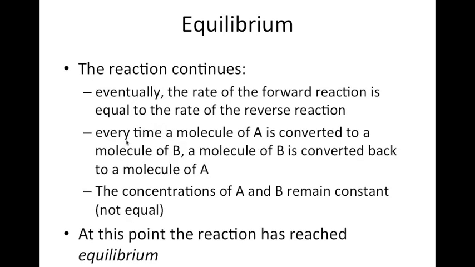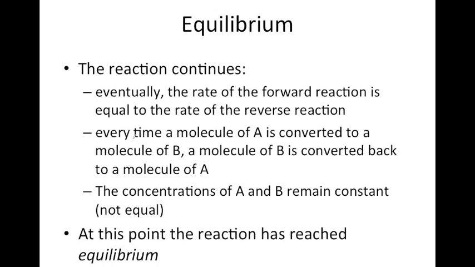Now, as the reaction continues, eventually we get to a point where the rate of the forward reaction slows and the rate of the reverse reaction speeds up until those two rates are equal. At this point, we have reached what we call chemical equilibrium.